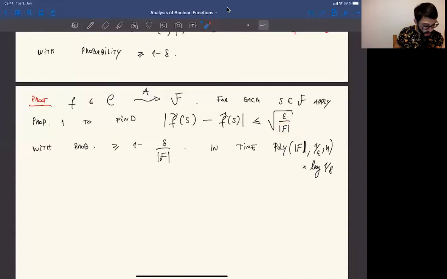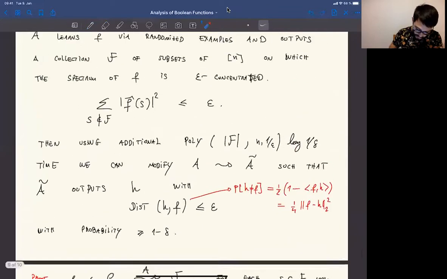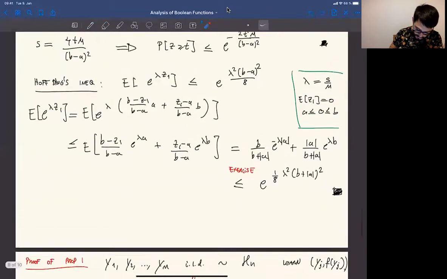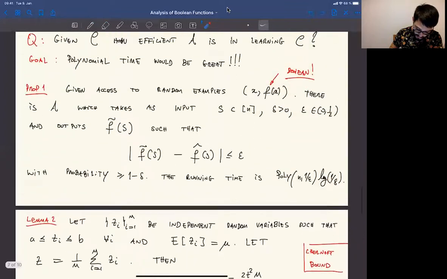And so for each member of this class, what's the probability that for all s belonging to the family... I should say something first. Recall that probability is from proposition 1.